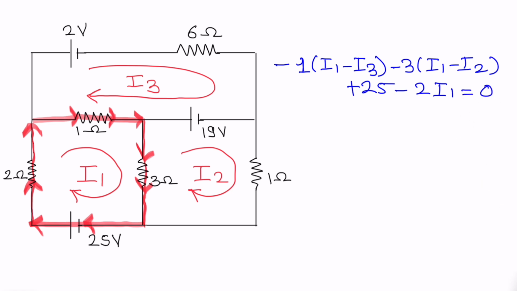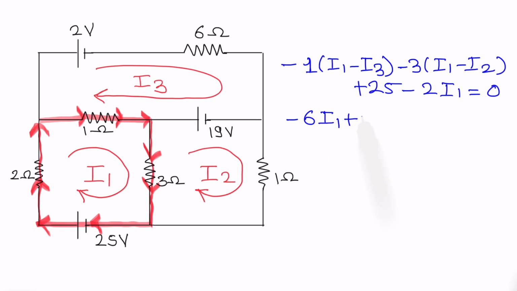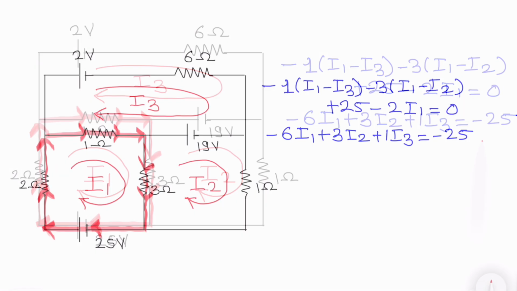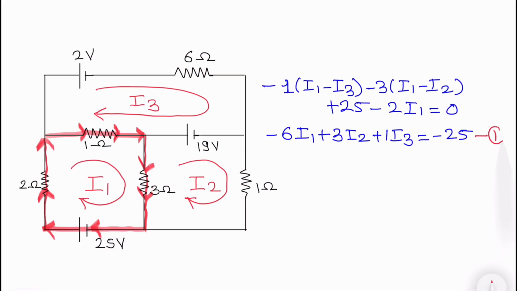Now if you open the brackets and write down the equation systematically, you are going to get minus 6 I1 plus 3 I2 plus 1 I3 equals minus 25. This is your equation number 1.